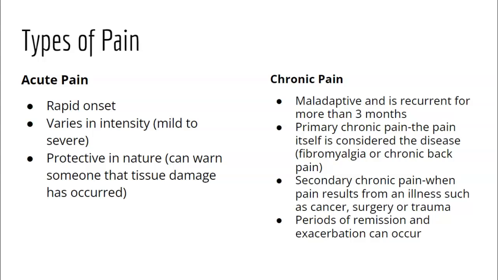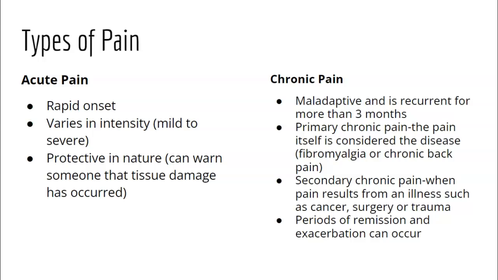And you will see a variation in this chronic pain where it says more than 6 months. Per your Lippincott Fundamentals book, it says more than 3 months. Chronic pain gets divided into 2 different sources.